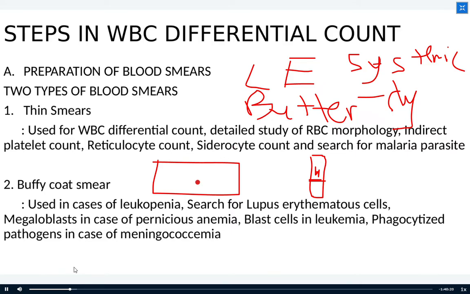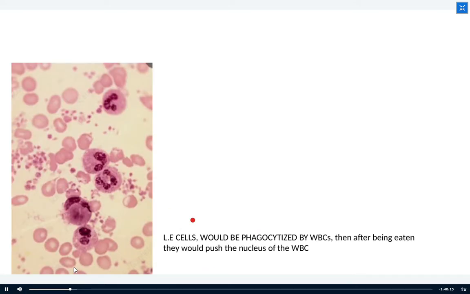Along with your lupus, we have your LE cells. Your LE cells, class, would look like this. Whenever they get phagocytized by WBCs, they would push the nucleus of the WBC to the side. Thus, you would easily visualize them.